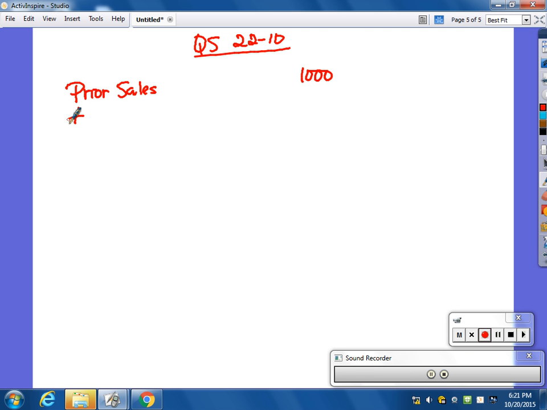Plus growth, the percentage of growth. What's the growth? It's 4%. So that equals how much? 1,040. 4% is 40, so $40.